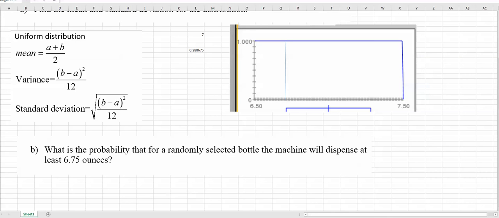So it's got a width of 6.75 minus 6.5, which is 0.25, and it's got a height of 1. And so I just want to find the area of a rectangle, which would be the length times the width. So the probability that an observation is less than 6.75 would be 0.25 or 25% of the time.